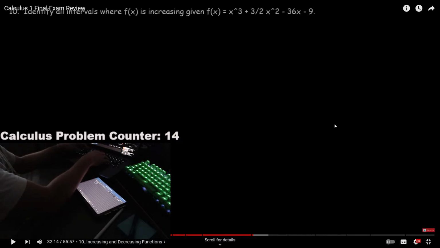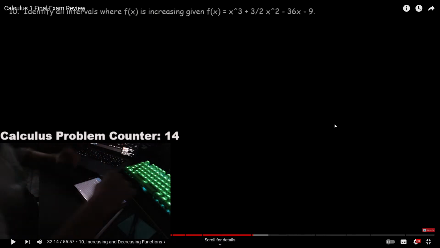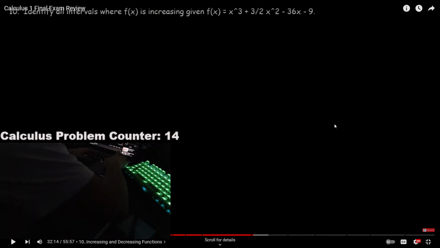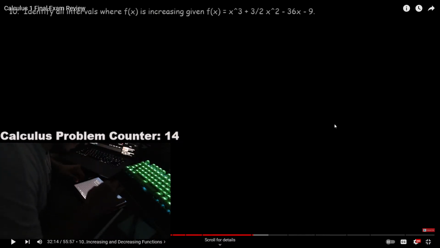Identify any intervals where f of x is increasing, given. Can I change the color? There we go. Given.